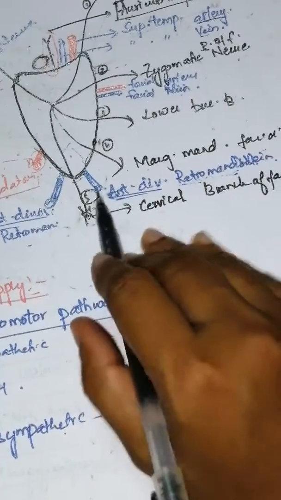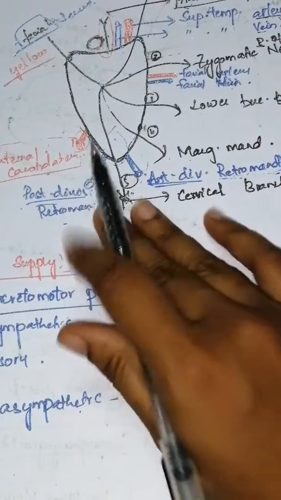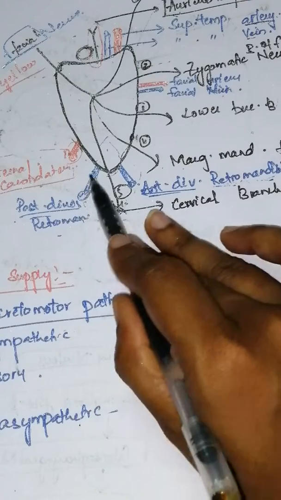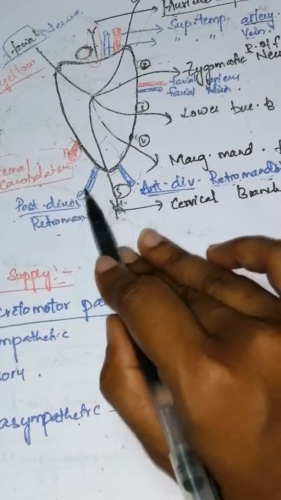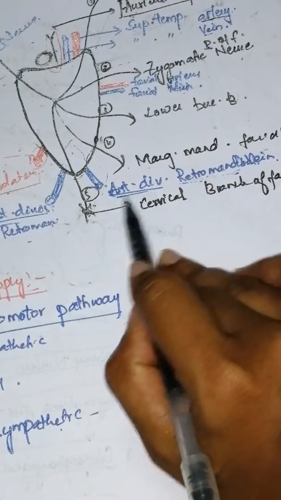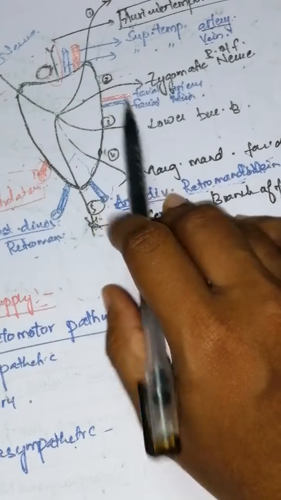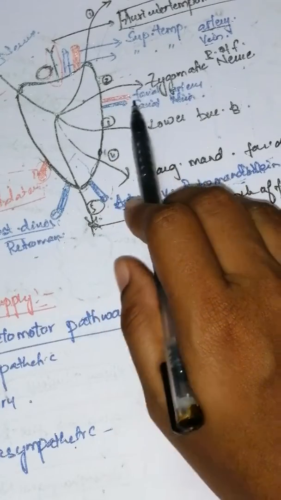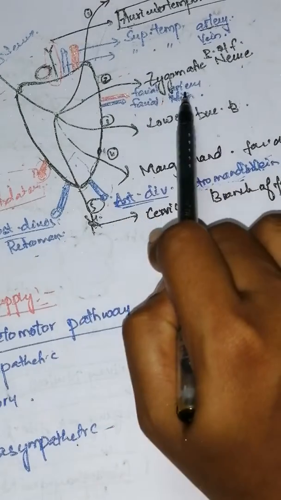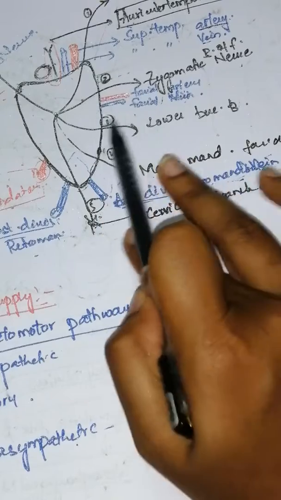Then again we have the anterior division of the retromandibular vein and the posterior division of the retromandibular vein. As it is in blue color, we have to remember that blue color means it is a vein. I just want to tell you that the facial nerve and also the facial artery and facial vein are present on this side.